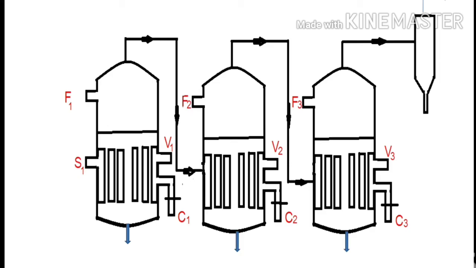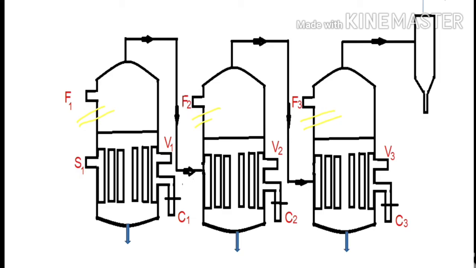Parallel feed arrangement is used in this case. Here, hot saturated feed solution is directly introduced through the respective feed inlet into each of the three evaporators. Feed from the first evaporator cannot transfer to the second evaporator.